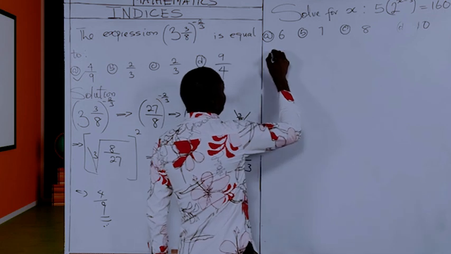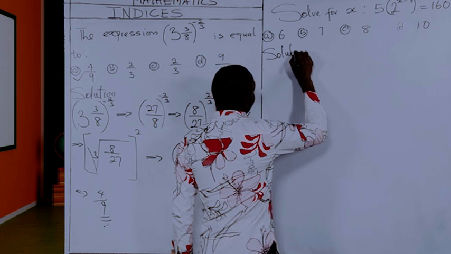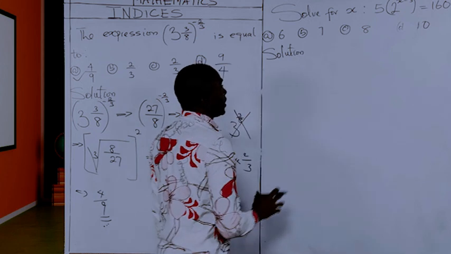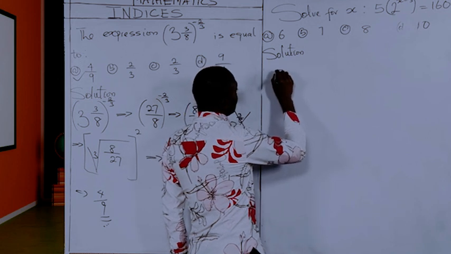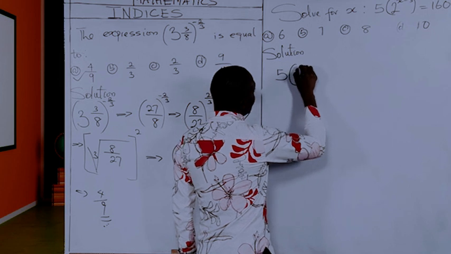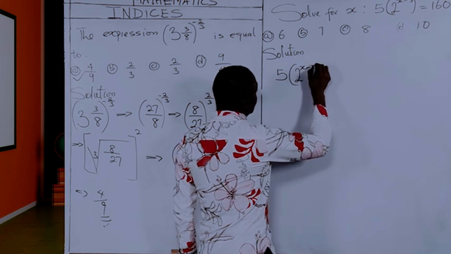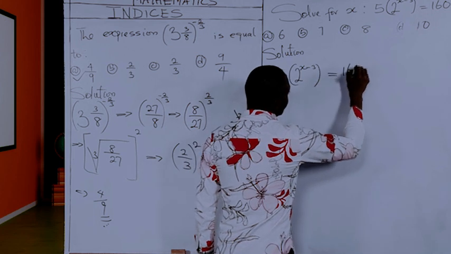Solution. Let's write out the question. We have 5 open bracket 2 raised to the power of x minus 3 close the bracket equals 160.